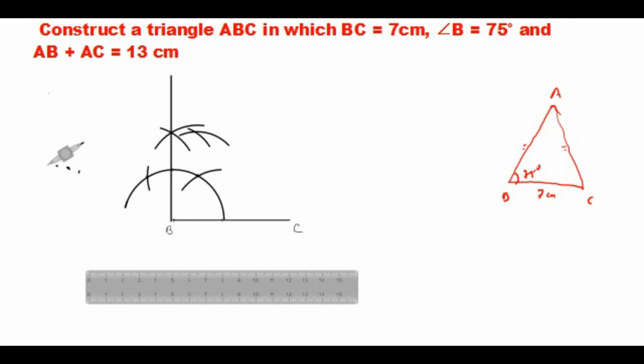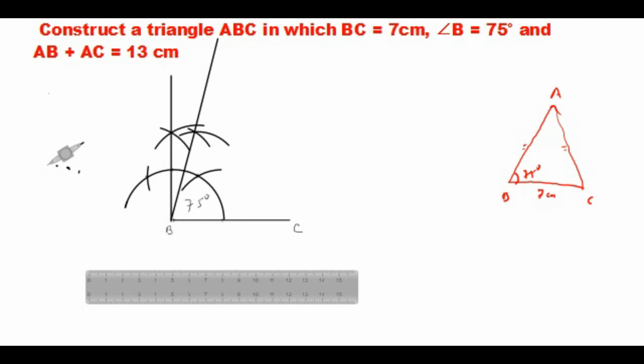So here, by joining these two lines, you get your 75 degree angle. So this is the way to construct 75 degrees. Okay, so like this you will get the 75 degree angle here.